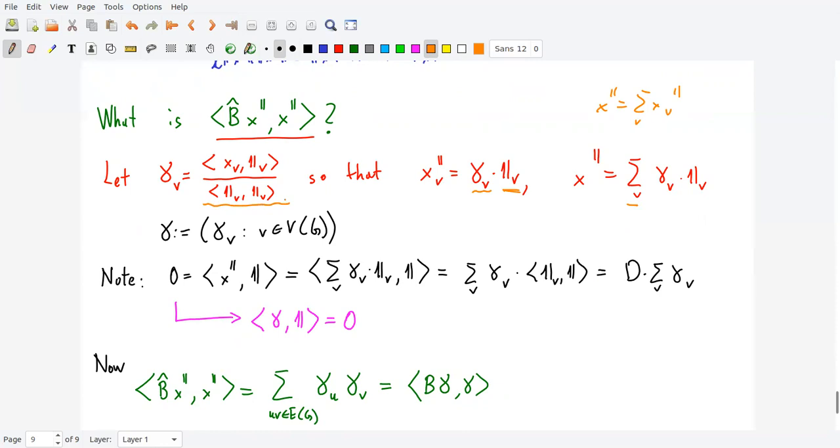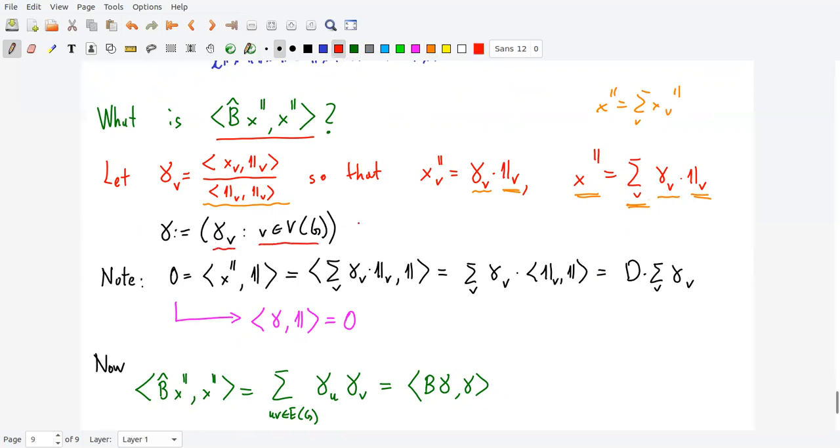So you can think about x parallel as simply the sum over v of 1 on the cloud of v, times this coefficient, which corresponds to the average on this cloud.